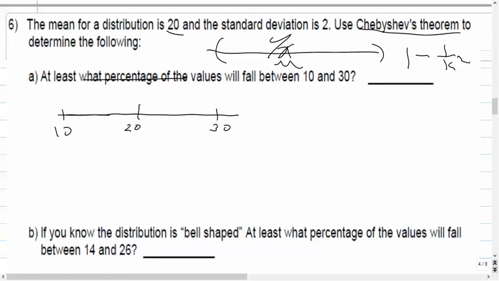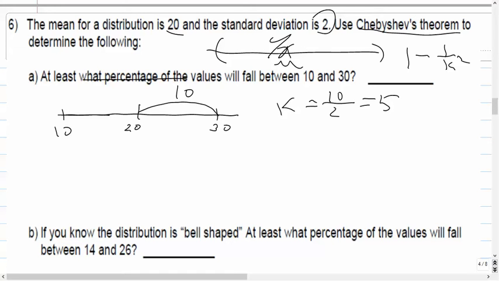K is the number of standard deviations I am away from the mean. The total distance between 20 and 30 is 10. But again, I want standard deviation units. So k is going to be 10 divided by the standard deviation, which is 2, and that is 5.